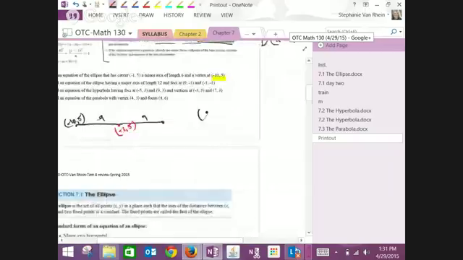So I have center is at x plus 1 squared. This would be y minus 5 squared. Sorry, I don't know why my pen's highlighting like that. I think the battery's dying.